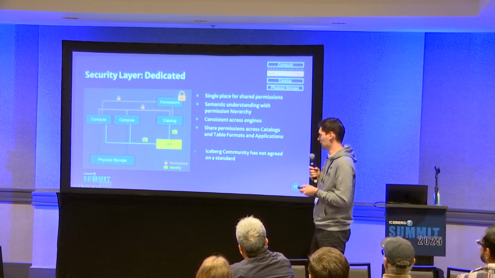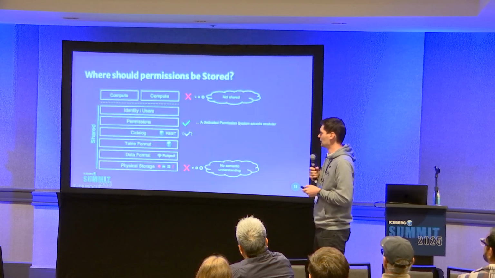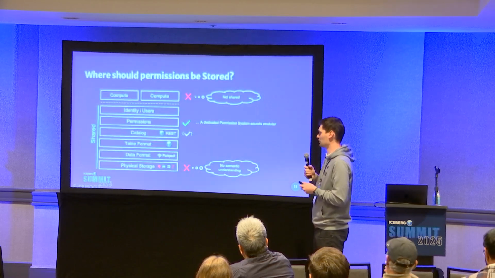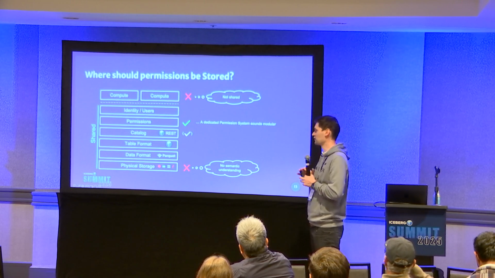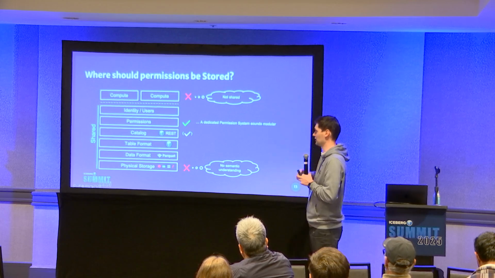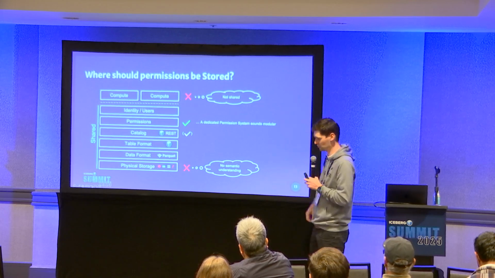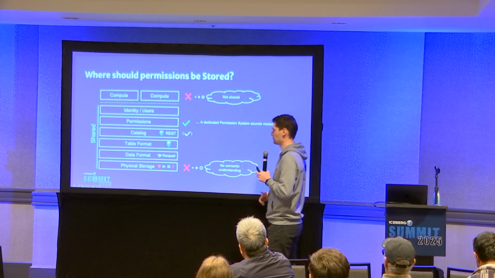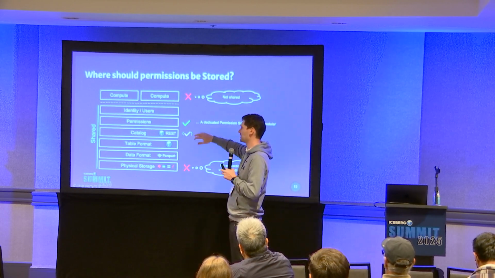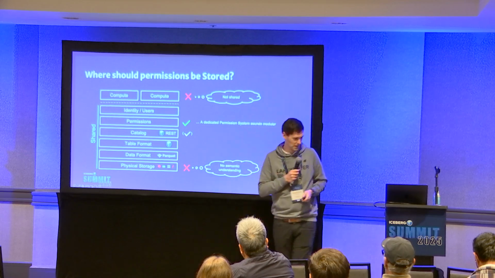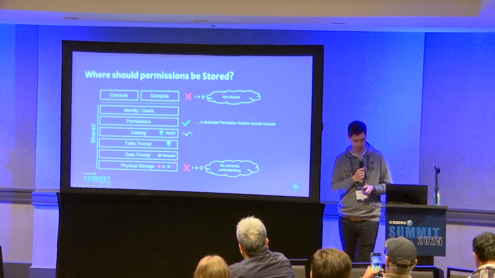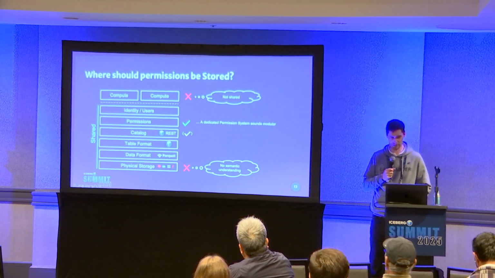The most important learning here is that we should store permissions at a central place, and typically the physical storage is not a good place to do it, and also the engine is not good simply because it's not shared. So permissions in the end should be stored close to the catalog, but can also be stored in a separate system right beside it, which is what I'm assuming now for the rest of the talk.